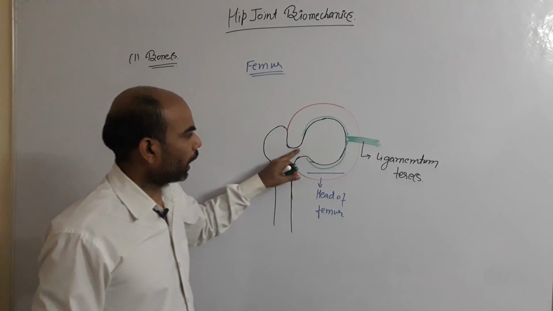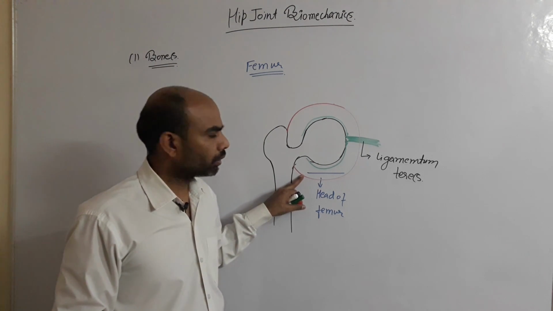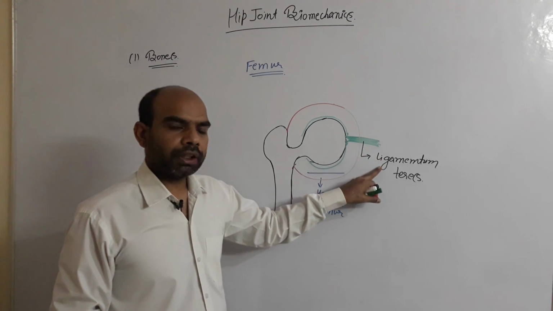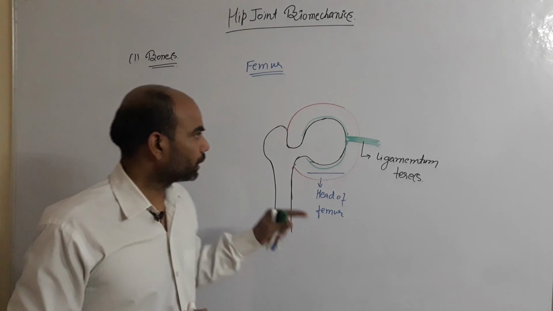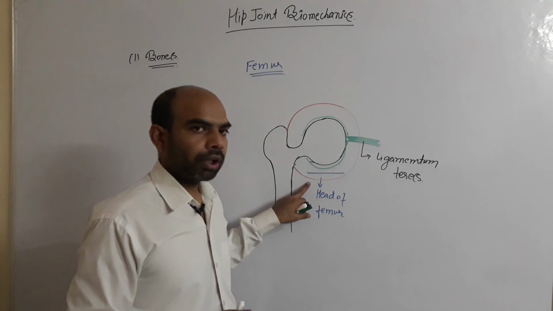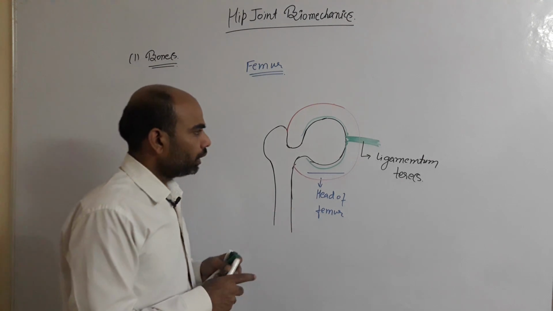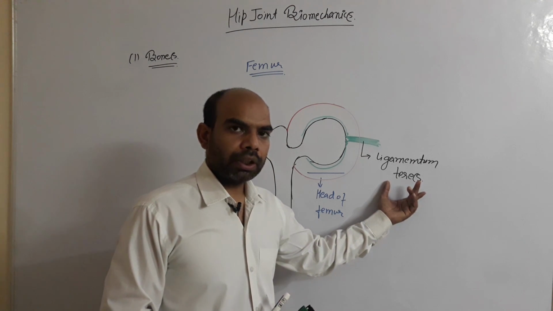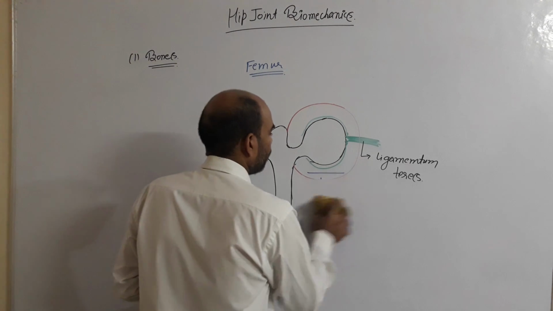So the neck and head are intracapsular, and this ligament is intracapsular but extra synovial, because it is a synovial joint, so it has ligament and capsule also. The ligamentum teres provides stability to the joint. Now, angles.